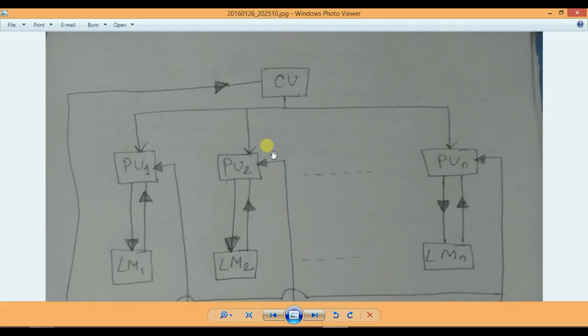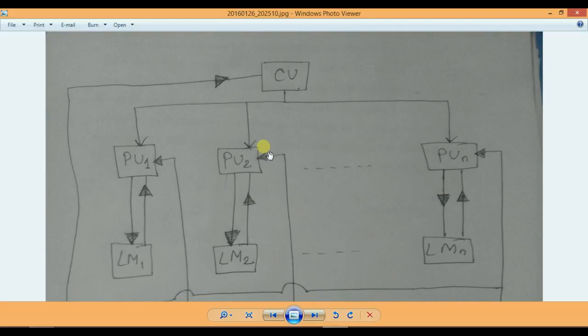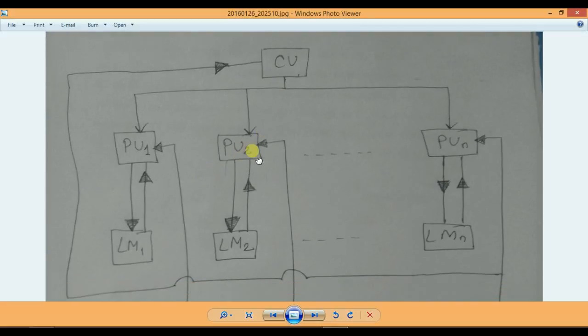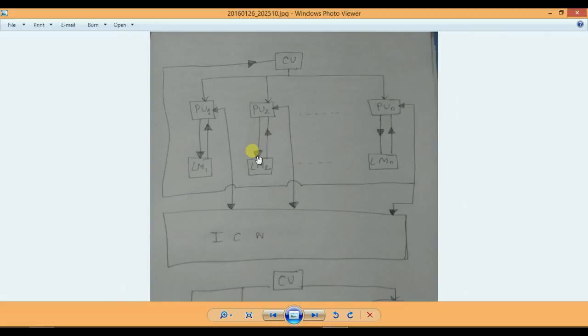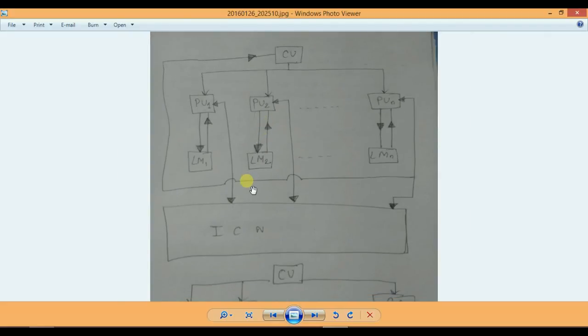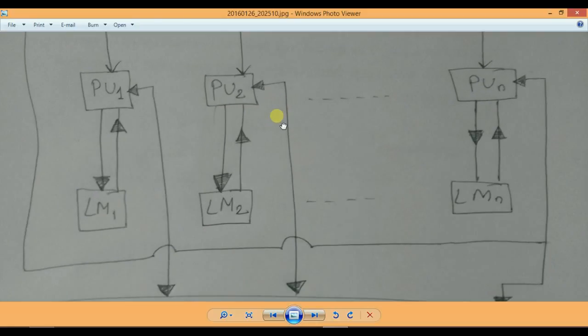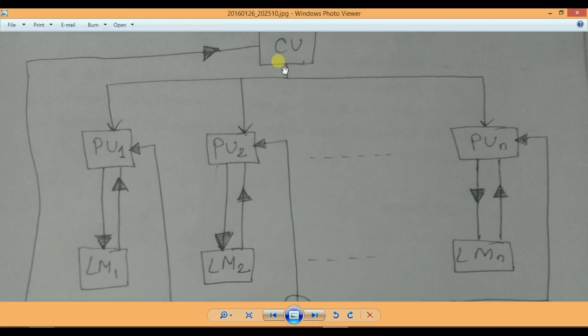Well, this is a SIMD system, single instruction, multiple processors. I mean, single control unit and multiple processing units. There are actually two kinds of SIMD system. Basically, for our level, the first one has a local memory for each of the processors, from CU to processor and to local memory, which is the local memory of each processing element or processing unit.